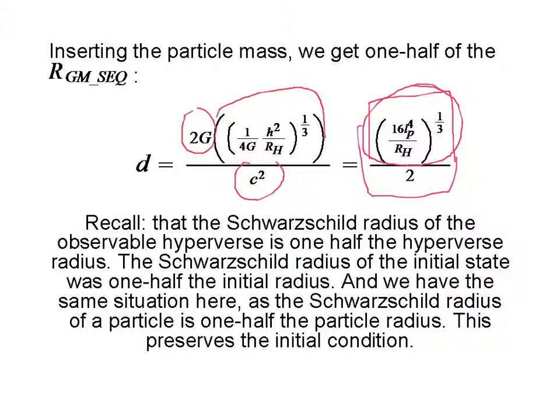We haven't looked at it here, but the Schwarzschild radius of the initial state was 1/2 the initial radius, 1 Planck length. And we have the same situation here, as the Schwarzschild radius of a particle is 1/2 the particle radius. This preserves the initial condition. And so something that's going to pop up to be pretty important very shortly.